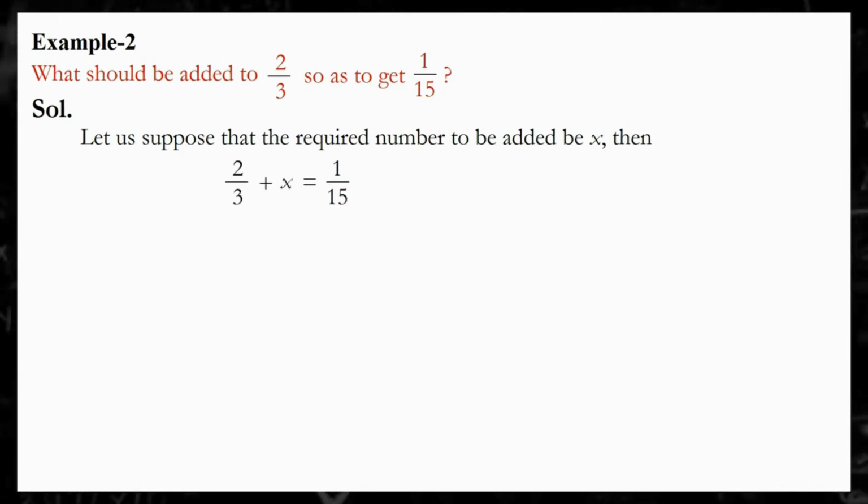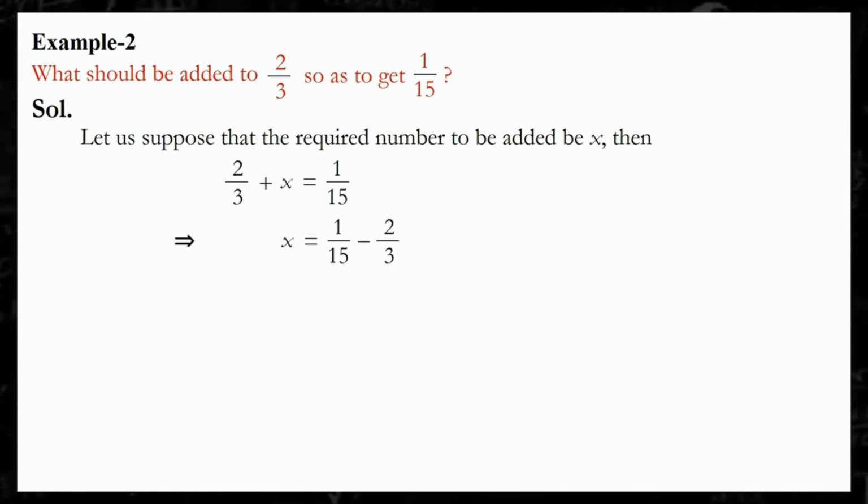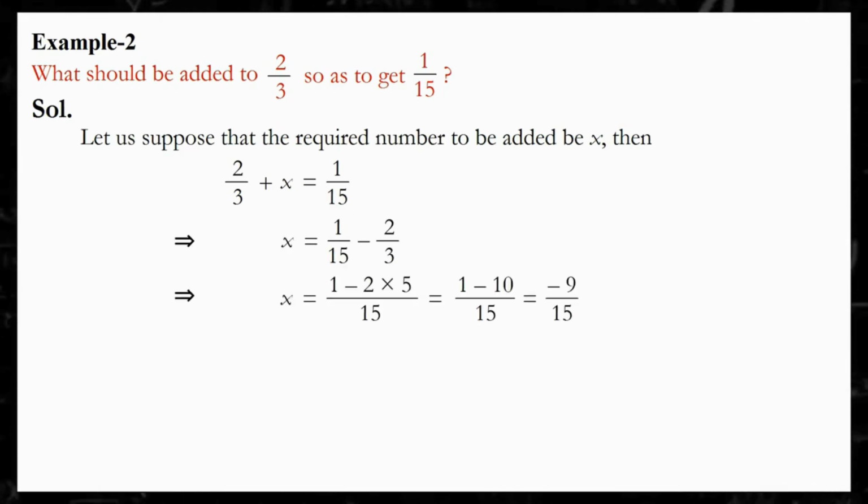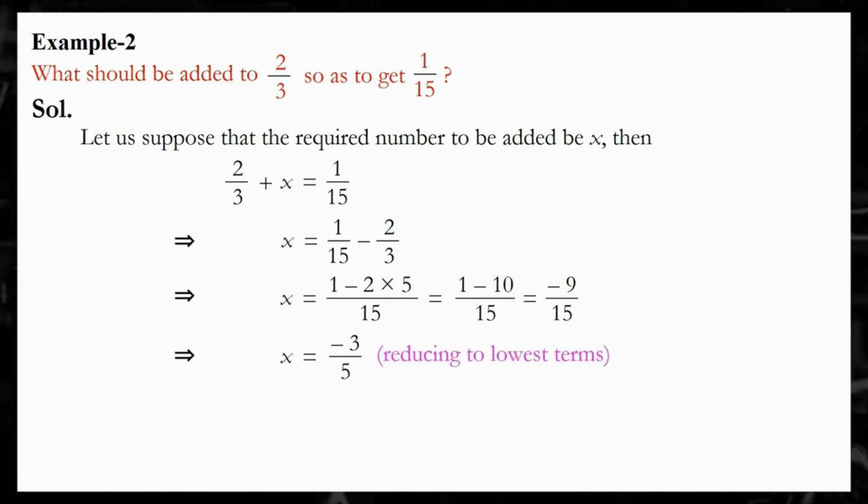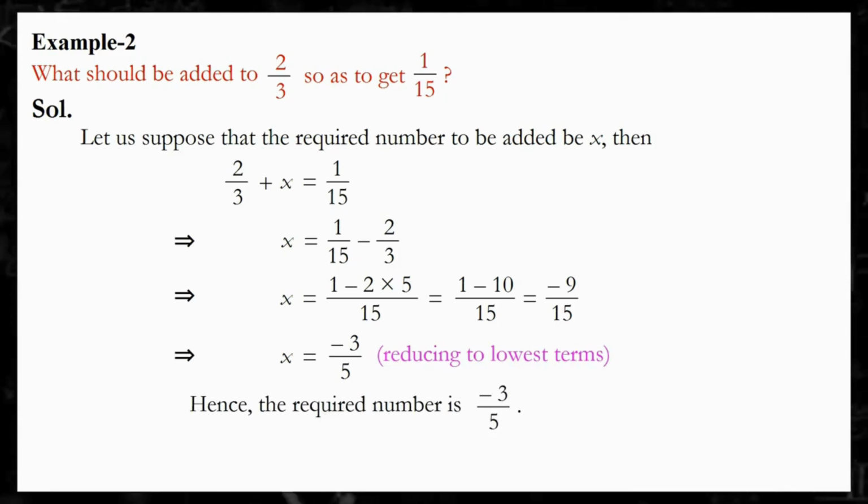Then, 2/3 plus x is equal to 1/15. x is equal to 1/15 minus 2/3. x is equal to (1 minus 2 multiplied by 5)/15, which is equal to (1 minus 10)/15, which is equal to minus 9/15. x is equal to minus 3/5, reducing to lowest terms. Hence, the required number is minus 3/5.